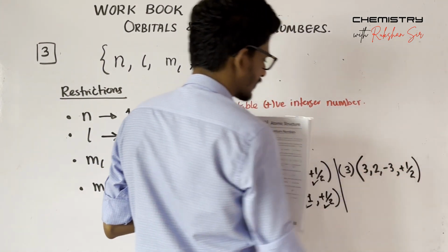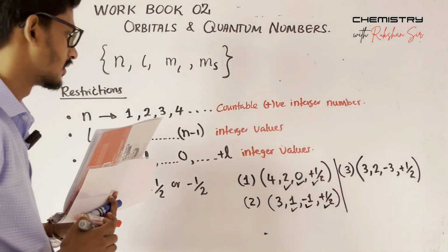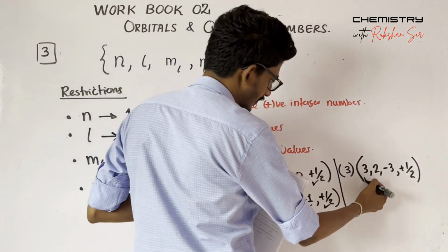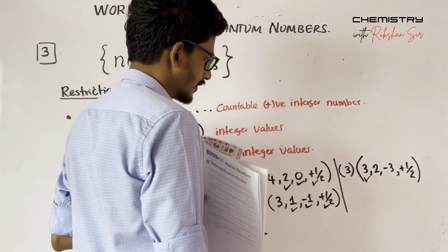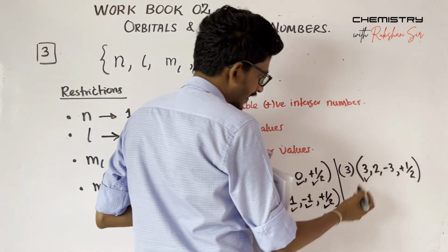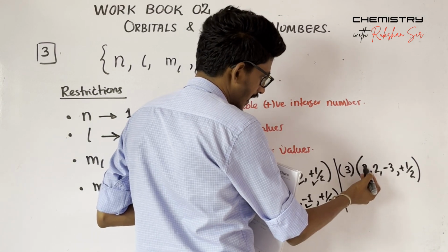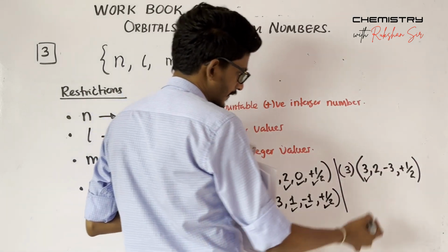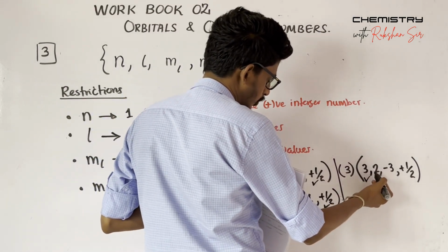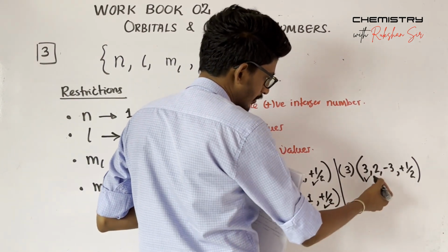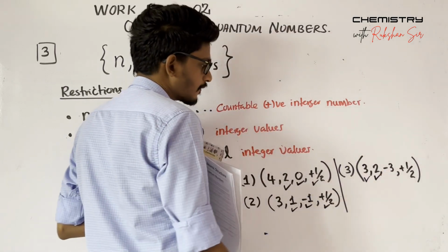As n, 3 is available, it's a non-zero positive integer. If n is 3, as L values, 0, 1, 2 are available. The L value can be 0 to n minus 1, and n minus 1 is 2, that means 0, 1, 2 are available, so 2 is okay for L.